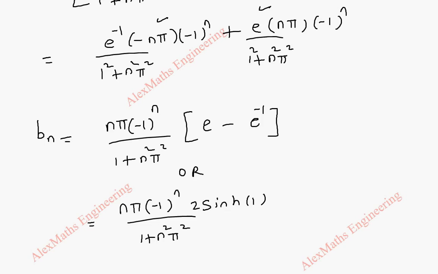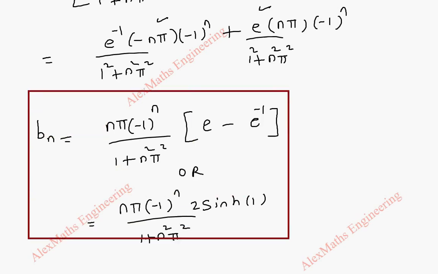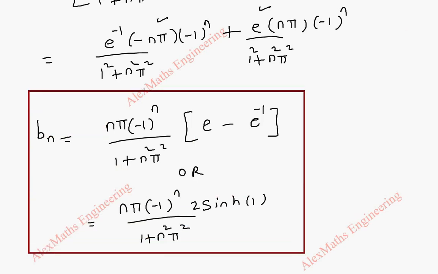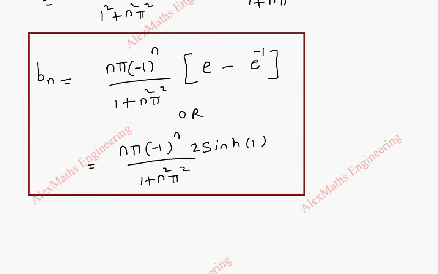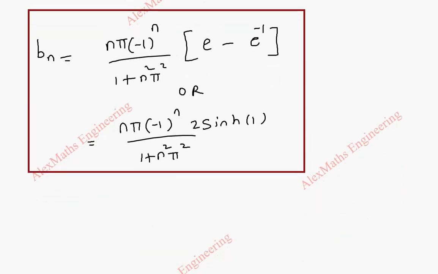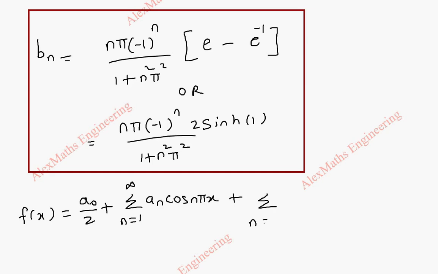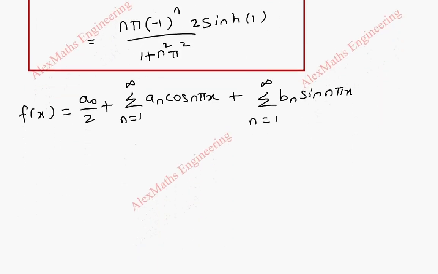So we got an and bn. Then we can substitute this in the Fourier series expansion formula, that is f of x equal to a0 by 2 plus summation n is equal to 1 to infinity an cos n pi x by L, L is 1, plus summation n is equal to 1 to infinity bn sin n pi x by L, but L is 1, so we stop here.